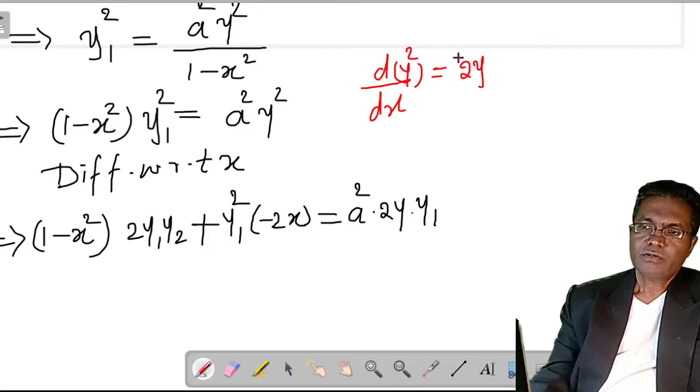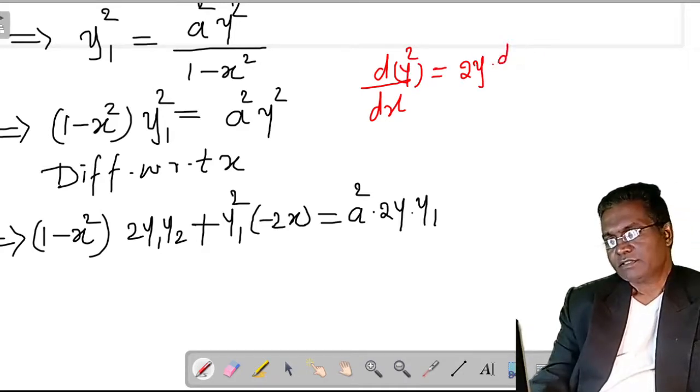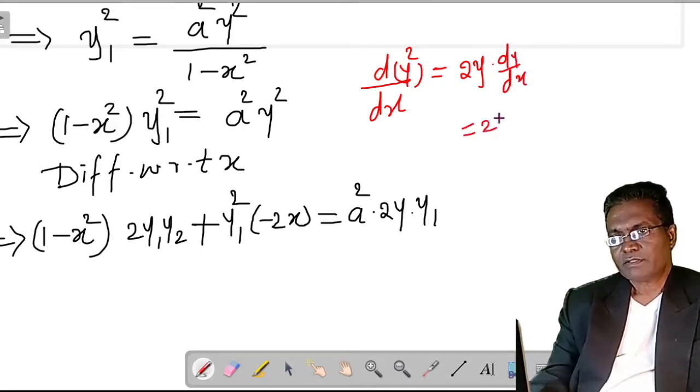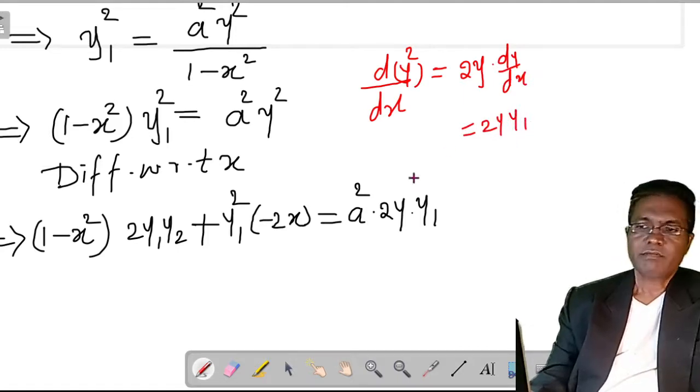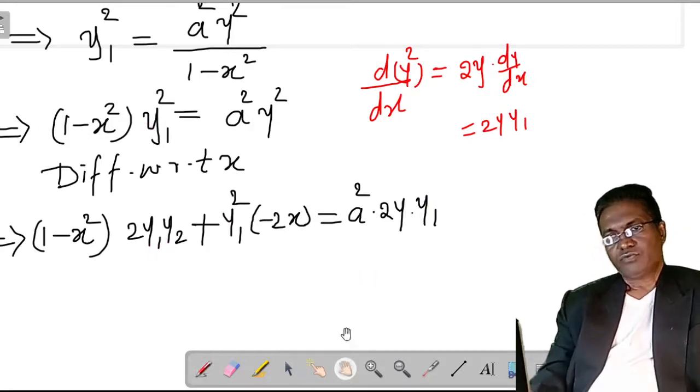So y square derivative is 2y, further you have to write the derivative of y, that is dy by dx. So dy by dx is your y1. So remember that derivative of y square is 2y y1 and derivative of y1 square is 2y1 y2.